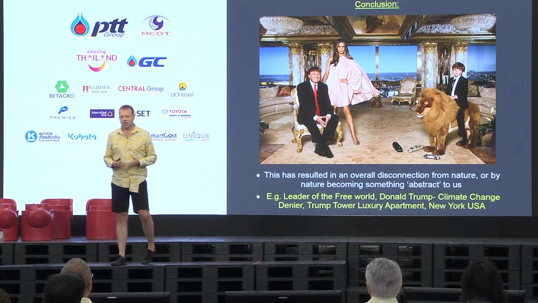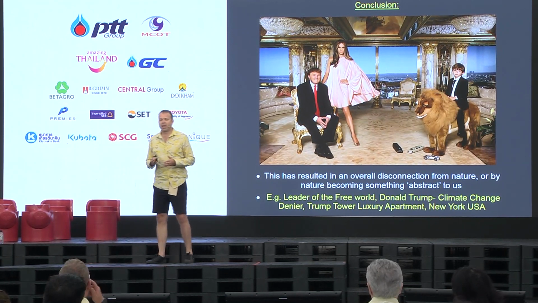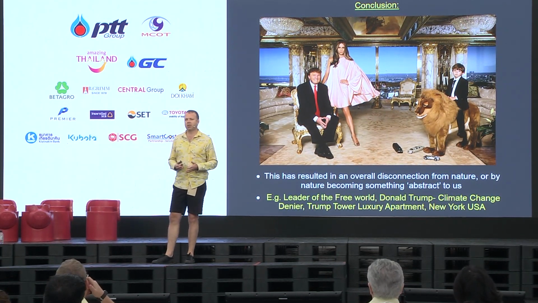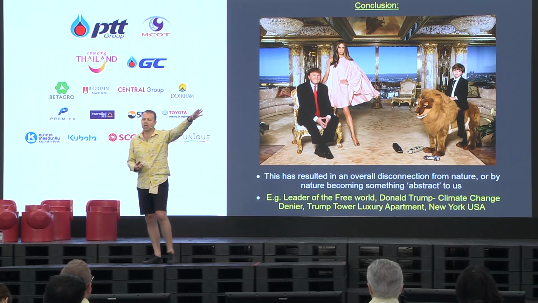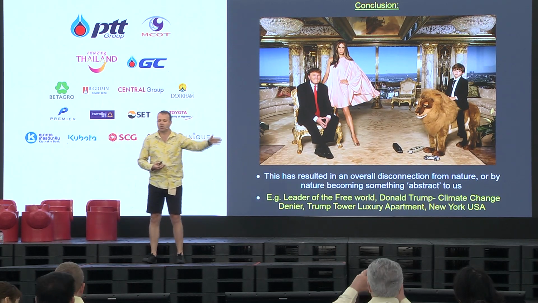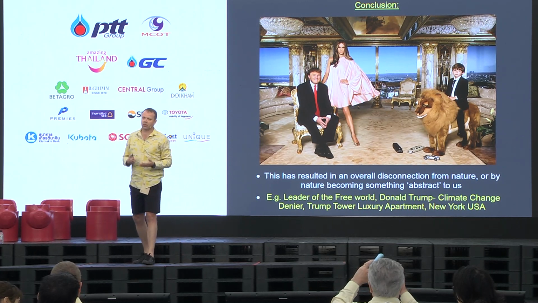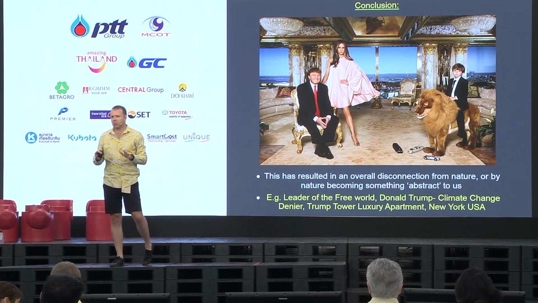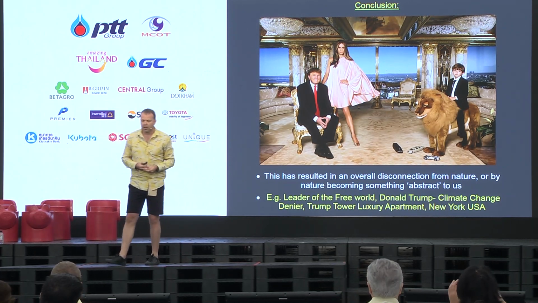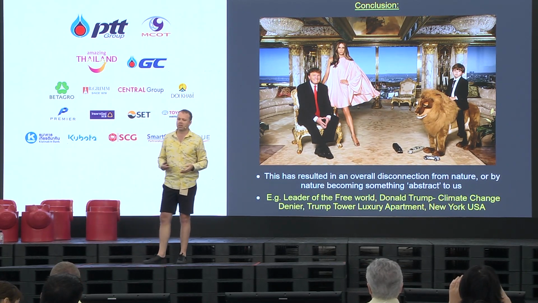This has resulted in an overall disconnection from nature, or nature becoming something abstract to us. It's not real, it's disconnected. We look at it through the windows in our glass towers or in our glass windows in our houses. And a good example of this is the leader of the free world. Donald Trump, he's a pretty easy target, but he's a classic case of a climate change denier.